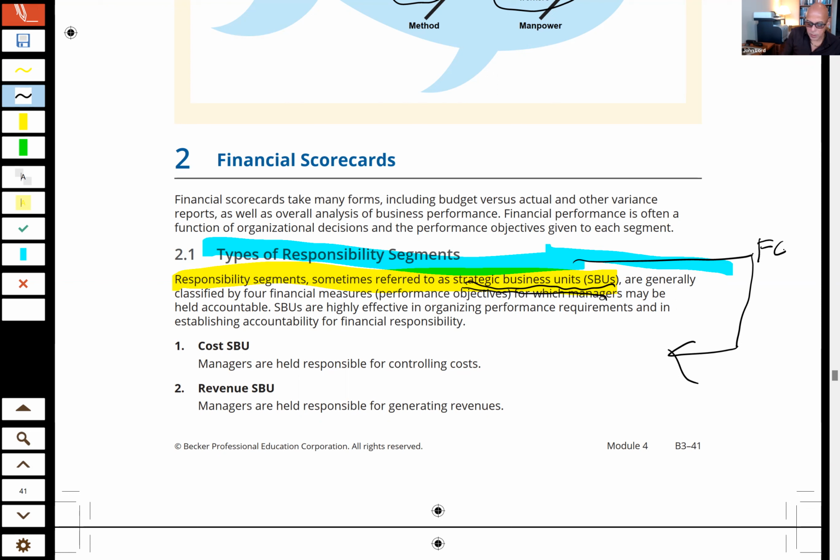So one is a cost strategic business unit, and their responsibility is controlling costs. Revenue responsibility centers, strategic business units, are responsible for generating revenues.